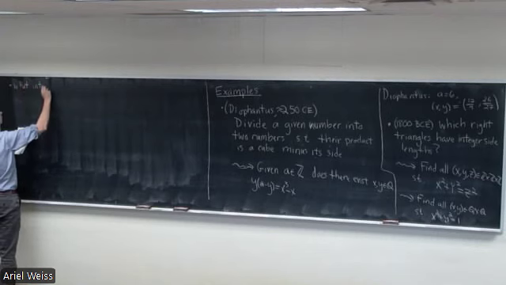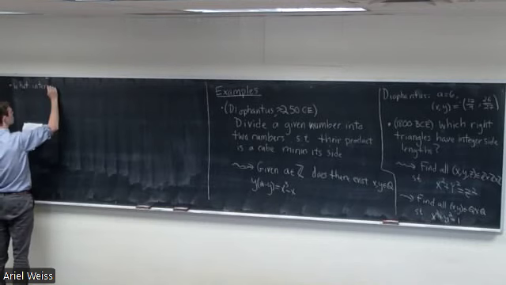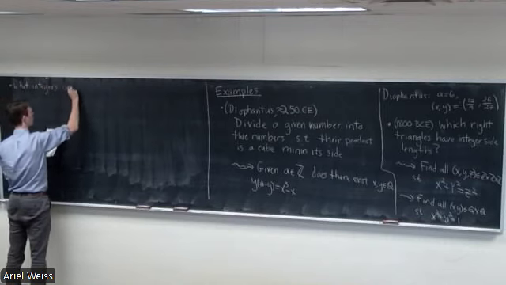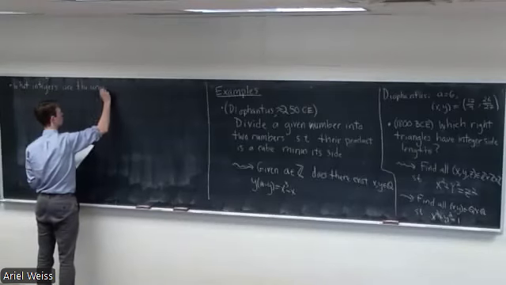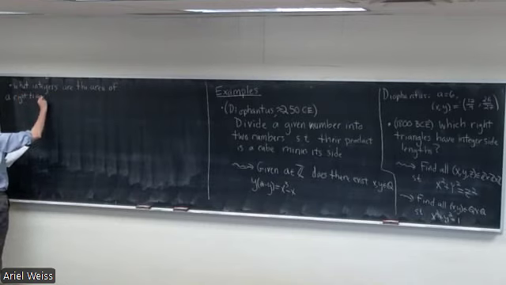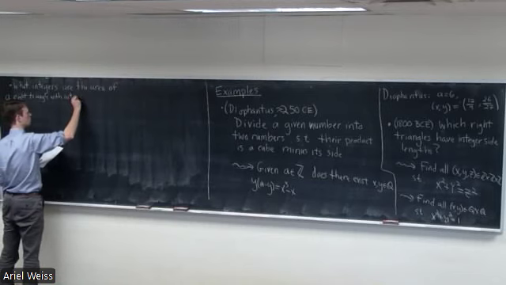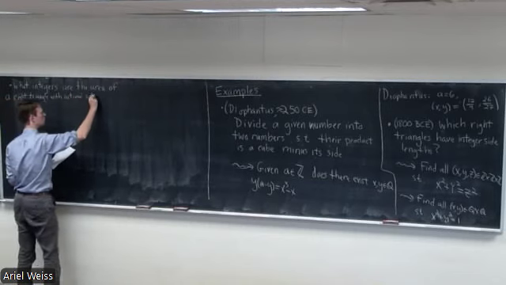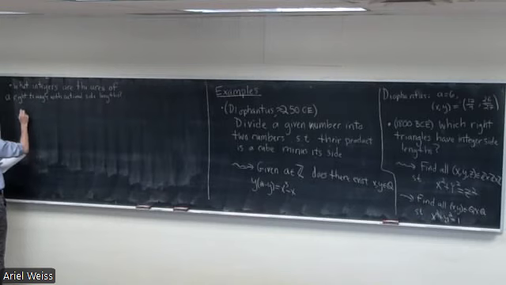What integers can be realized as areas of right triangles with rational side lengths?